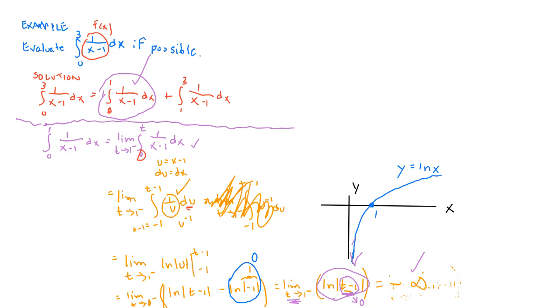I didn't graph the log of t minus 1, so don't worry about that at the moment. Now, t approaches 1, and the log of t minus 1 would approach the log of 0, and that's negative infinity.